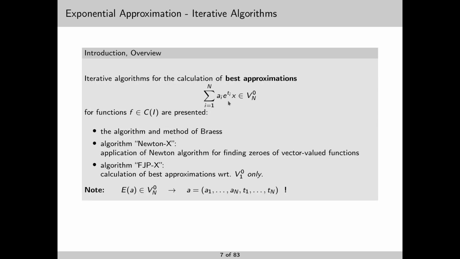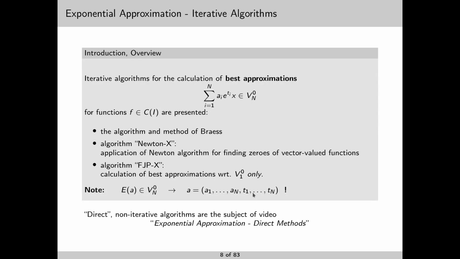This is exactly what these algorithms do. They operate on simple exponential sums in terms of their vectors a_i, t_i. Direct non-iterative algorithms are the subject of the video Direct Methods.